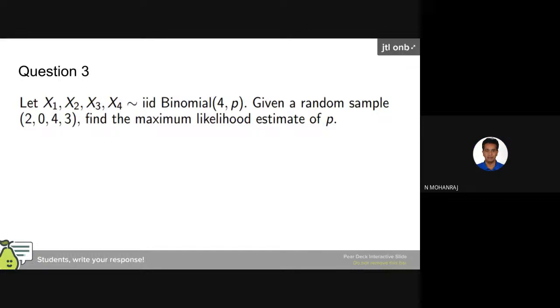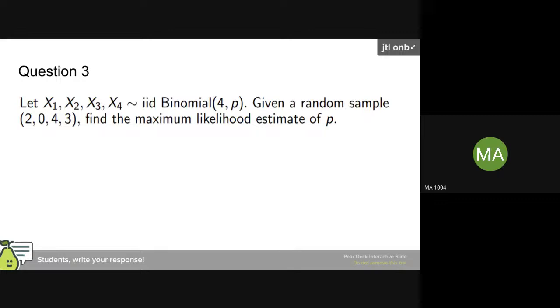So you have to multiply the probabilities: the probability of occurrence of 2 for the first sample, multiply it with the probability of getting 0 in the second sample, multiply it with that of 4, multiply it with the probability of 3. Get the likelihood function. Then your likelihood function will be in terms of P, because your probability values will be dependent on P. So everything will come out in terms of P.